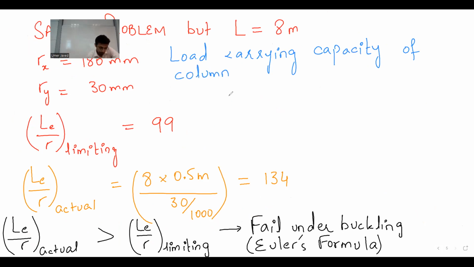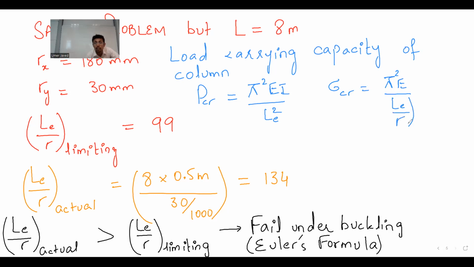So it will be P critical is equal to pi square EI over LE square, and another formula was pi square E divided by LE over R square. So I think we can use the first formula. Both of them are Euler's formula, but I will use the first one. So now give me the values.